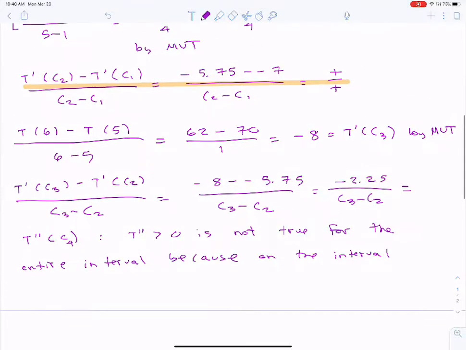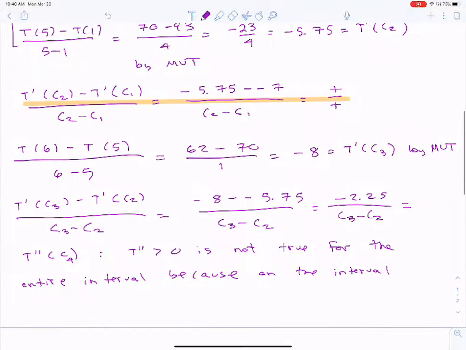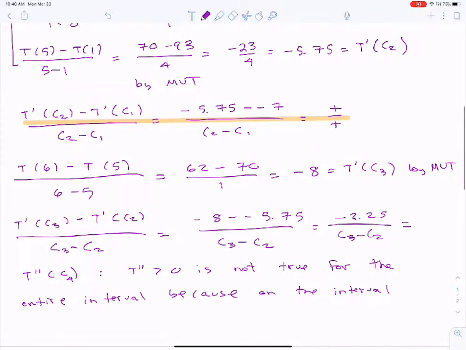Actually, let's take those C2 and C3 values. Where were those values occurring? Just to make sure, I'm going to give myself some real numbers here. C2 occurred in the interval from 1 to 5, and C3 occurred in the interval from probably 5 to 6.